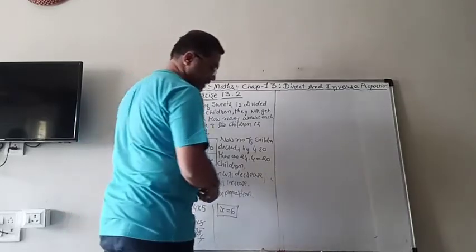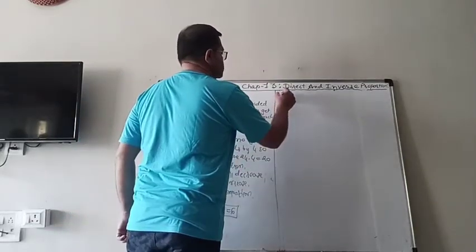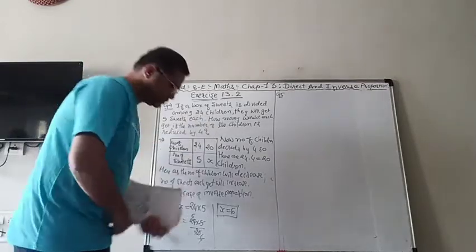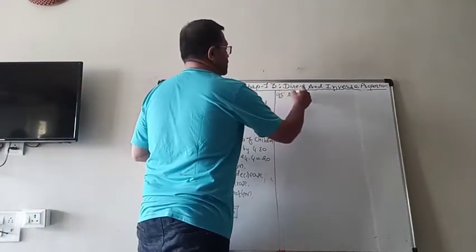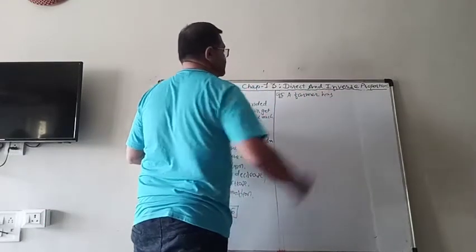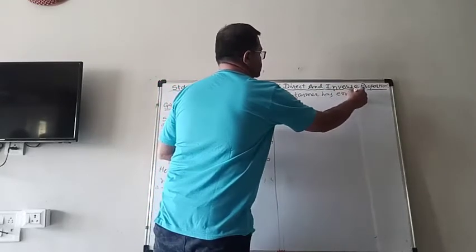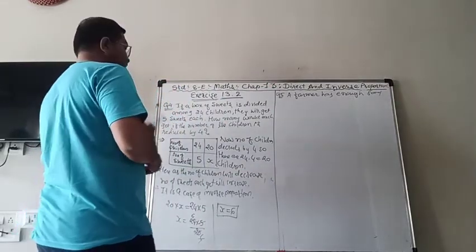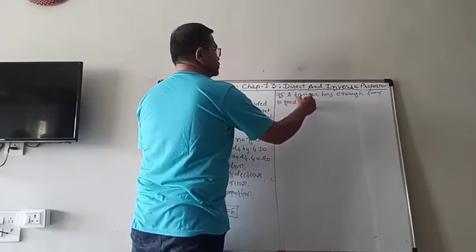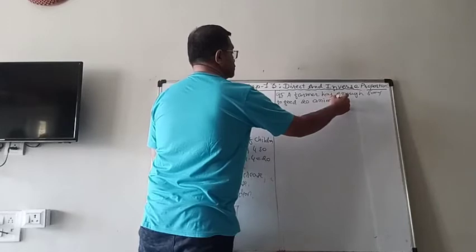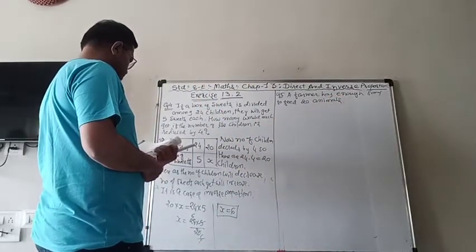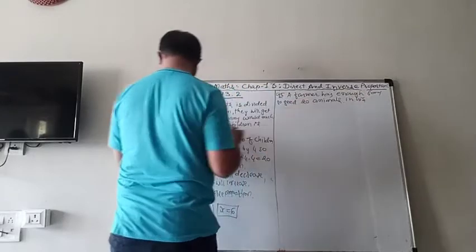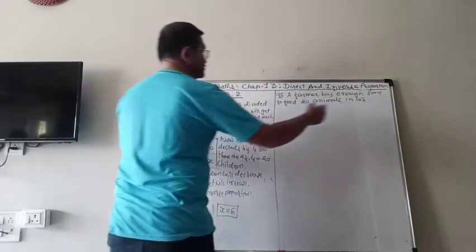Now let us take another question, number 5. A farmer has enough food to feed 20 animals in his cattle for 6 days.